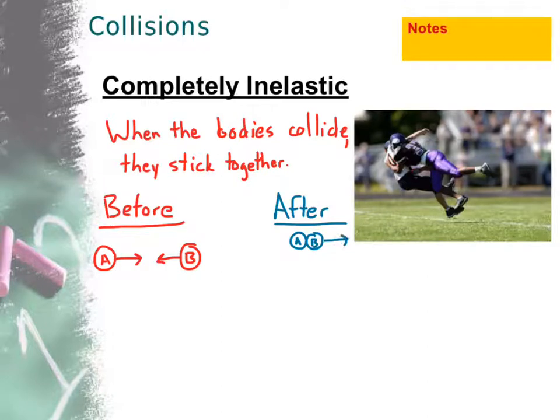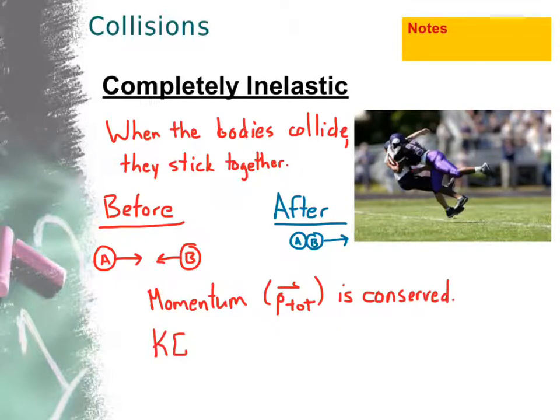You can imagine before they were two separate bodies coming at one another, but afterward they are joined, stuck together as one big mass, and they travel in one direction or the other. That is a completely inelastic collision. So momentum is conserved. However, kinetic energy is not conserved.